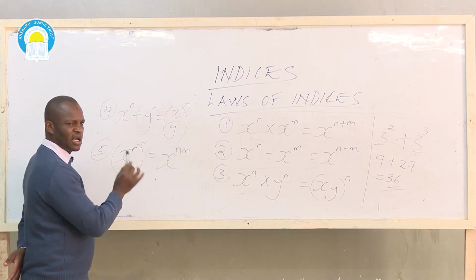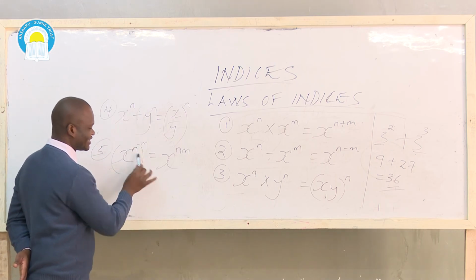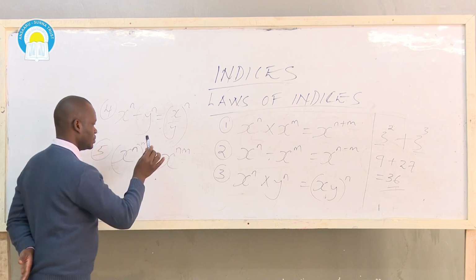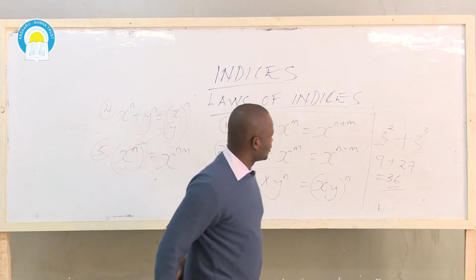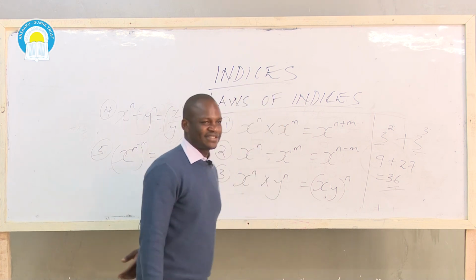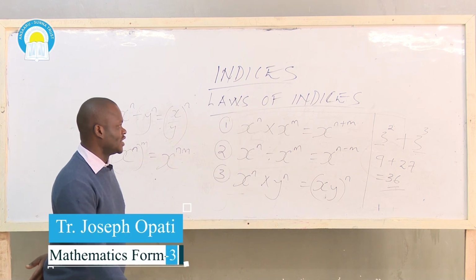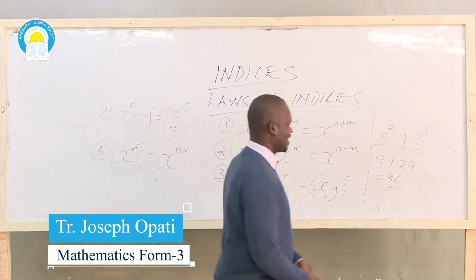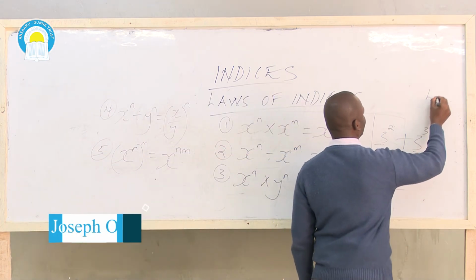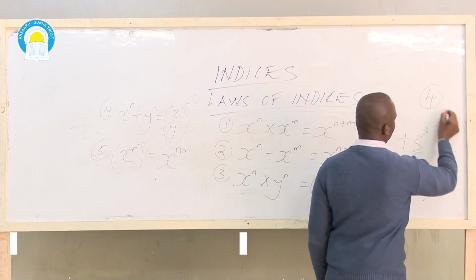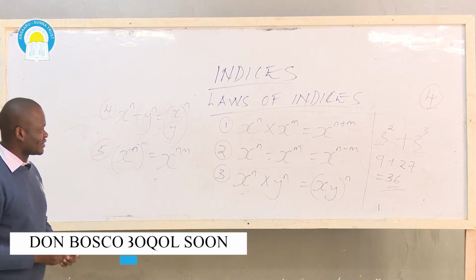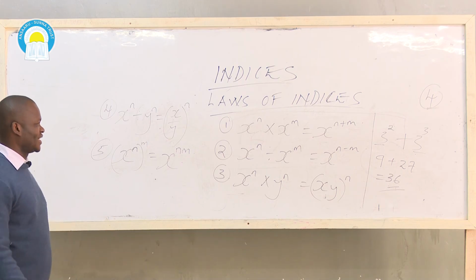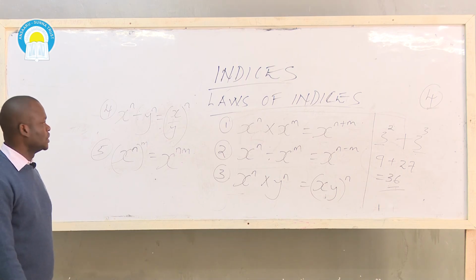Lastly here, we are having an index being raised to another power. Is it okay? So we are done with the first 5 laws. So how many are left? We are left with 4 more laws, which I think we shall be able to exhaust in our next class. Okay.